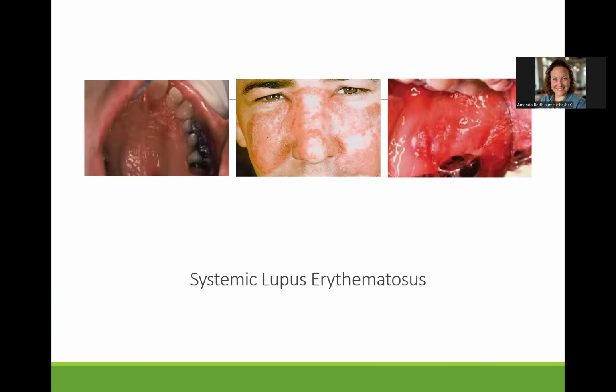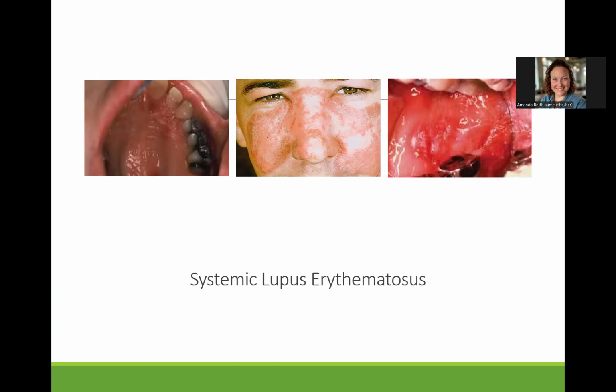Systemic lupus erythematosus is another autoimmune disorder. There are some telltale signs, like that butterfly patch in the middle picture. When you see that rash on both sides of the face, that is a pretty good classic symptom of systemic lupus. You might see lace-like lesions or lace-like white patches on the patient's buccal mucosa.